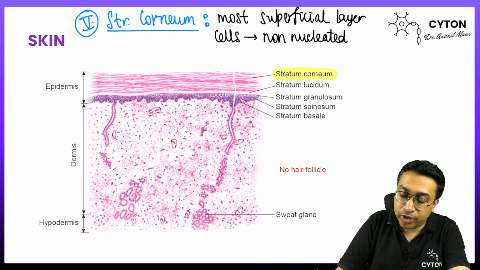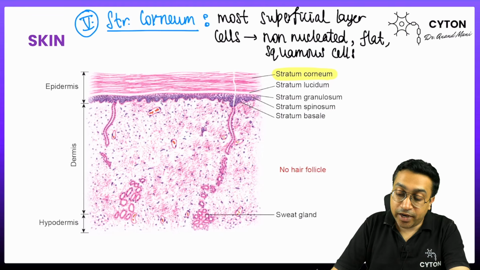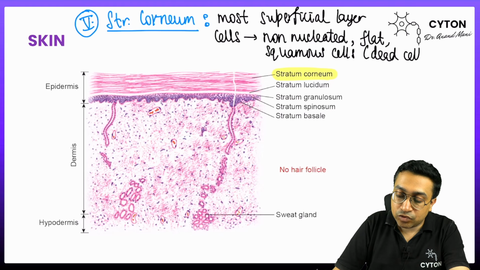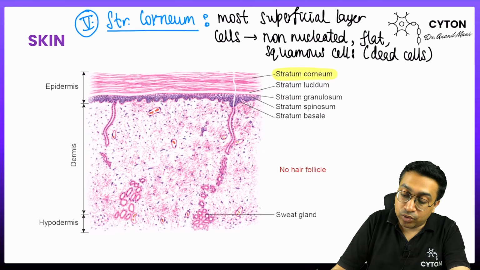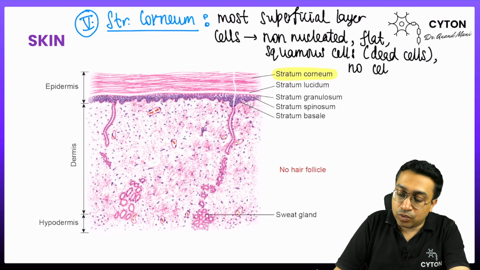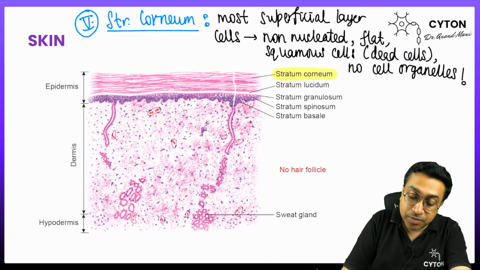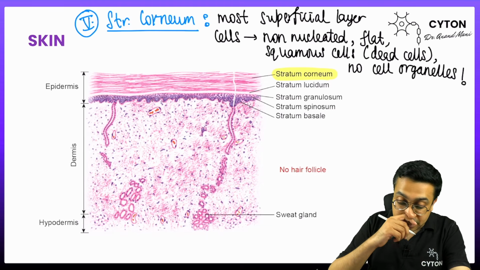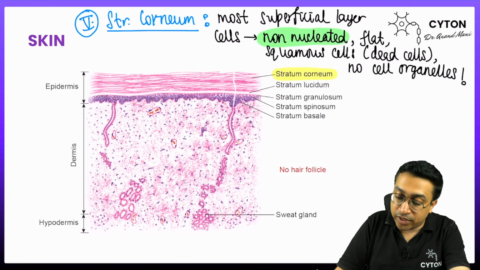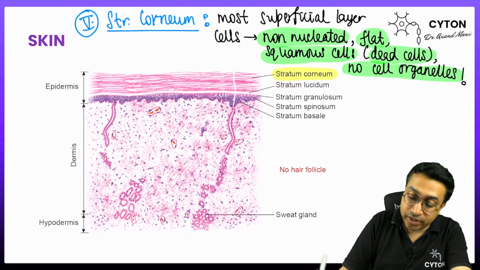Very important point, non-nucleated, flat and scale like, or I can say squamous cells. And they are actually dead cells. So if there is no nucleus, they will be dead. And they do not have any cell organelles. So these are certain specific points about the cells of the stratum corneum. Non-nucleated, squamous cell, flat obviously, dead cell, and no cell organelles in it. Okay, simple. These are important, that is why I have highlighted.